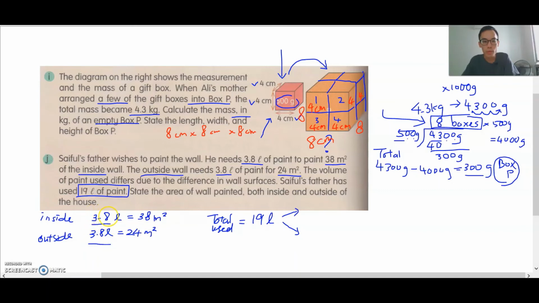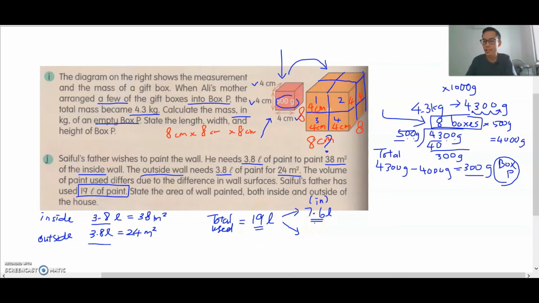So this is 3.8. If we times 2, 3.8 times 2, we get 7.6. Right? Then this is for inside. So total is only 19 liters. If I have already used 7.6 for inside, so what is the balance for outside?